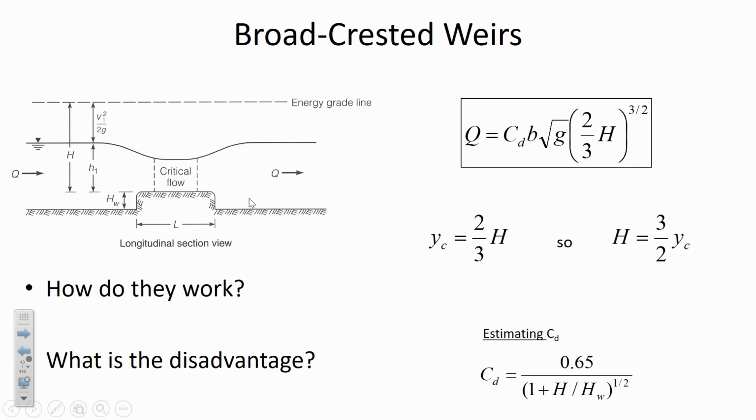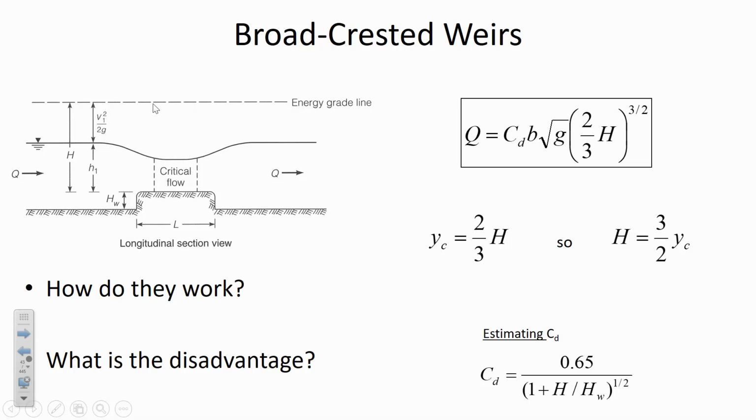Now here are the equations that relate the flow over a broad-crested weir and the elevation h. You can see in this sketch that what they're indicating h, that's the total energy that's above the step height. And so it consists of, when you've got critical flow, the critical depth and the velocity head that's above that.